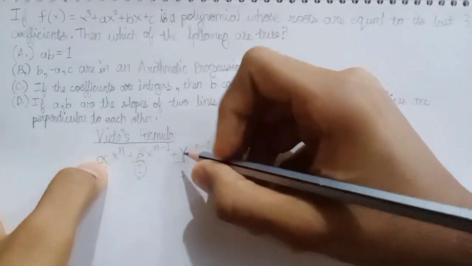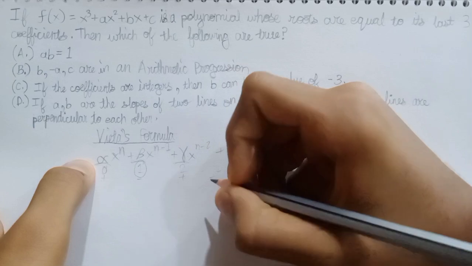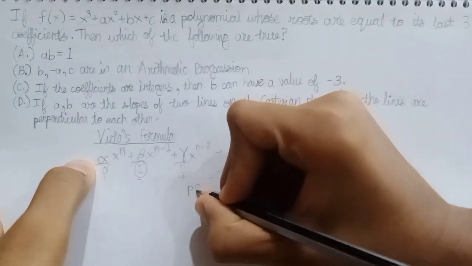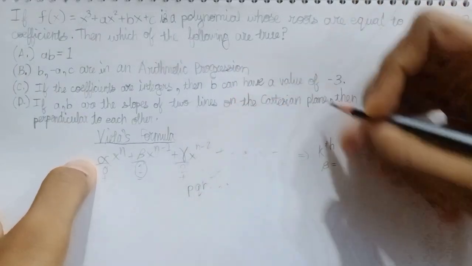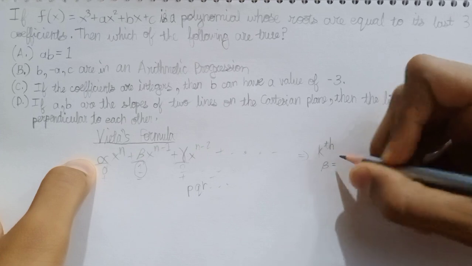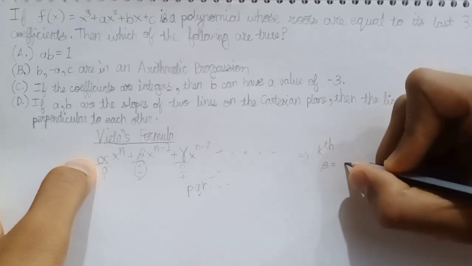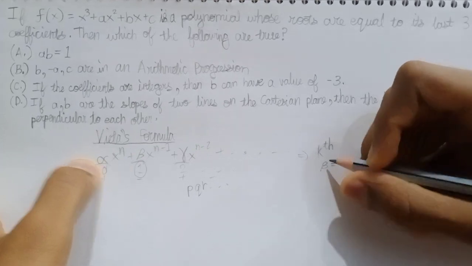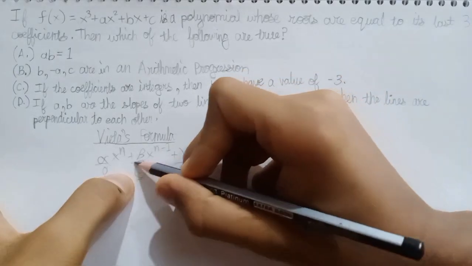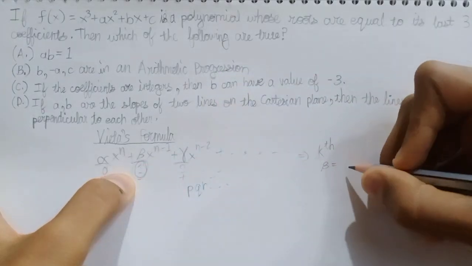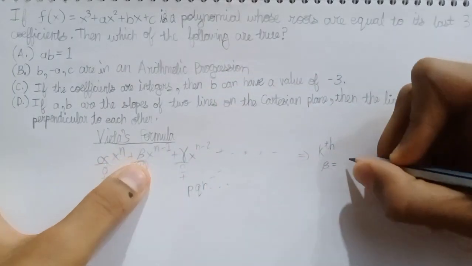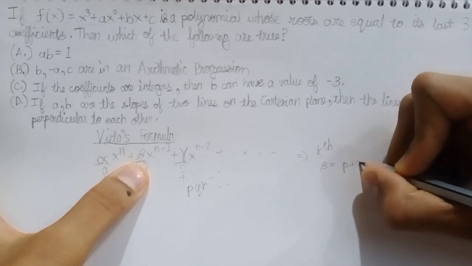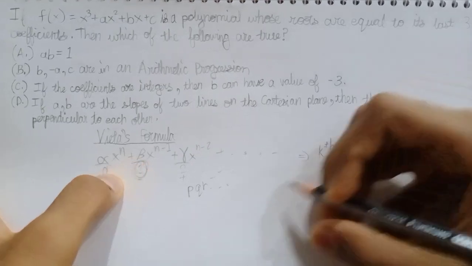Let's say this polynomial's roots are p, q, r, and so on. So beta will be equal to the sum of the products of one root at a time, which is basically p plus q plus r. But there's a catch.